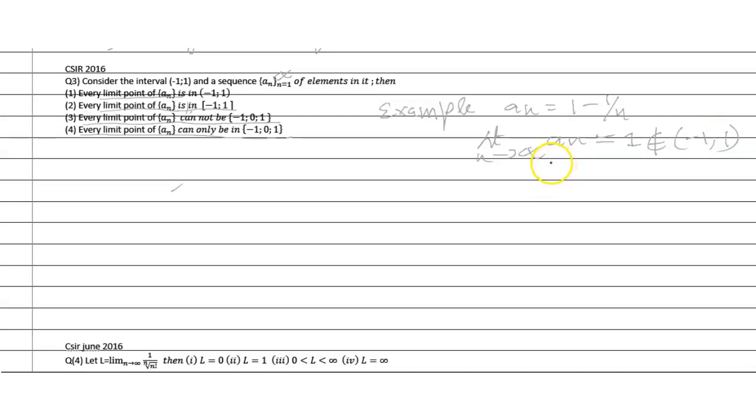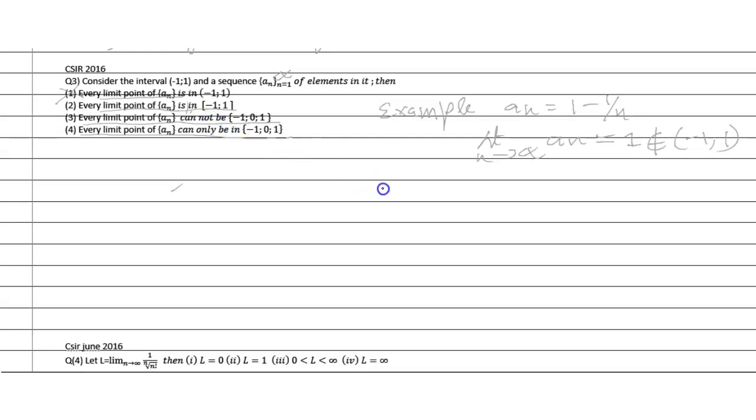1 does not belong to (-1, 1). So according to the question, every limit point of a_n is in (-1, 1). It is wrong because 1 does not belong to (-1, 1).